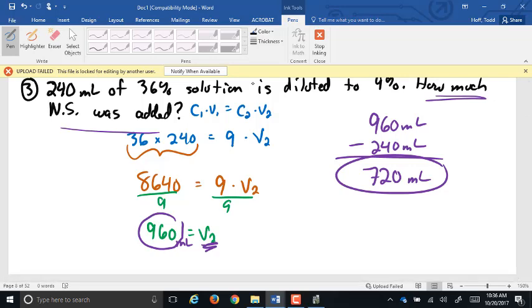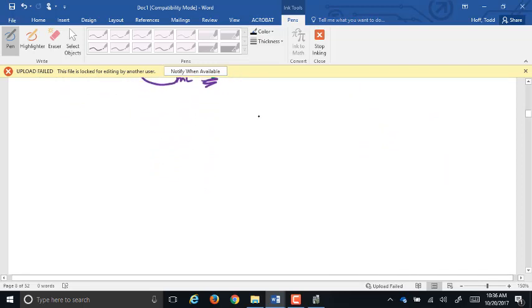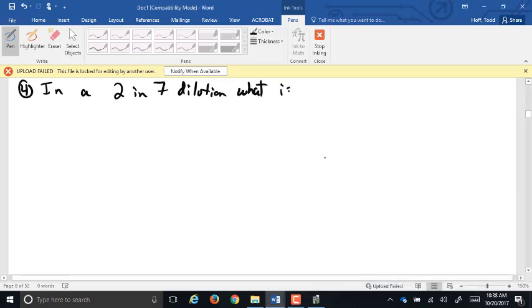Okay, I've got a couple more I want to ask to review. I call this 4. In a 2 in 7 dilution, what is the ratio of serum to saline?